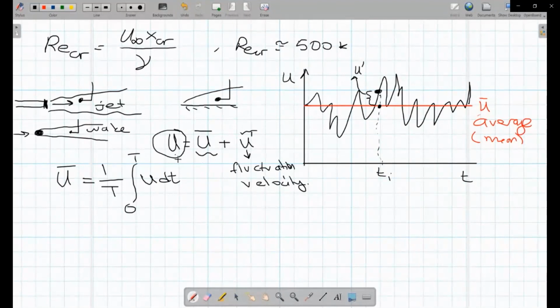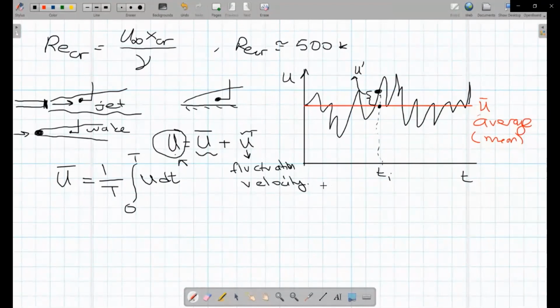If the equations are written in terms of u, for example, then the average component has to satisfy the same equations, as well as the u prime value has to show up in those equations. So wherever we see u in our equation set, with its derivatives, we have many different terms in the boundary layer equations or the actual Navier-Stokes equations. We replace this u with u bar plus u prime. Then see what happens.